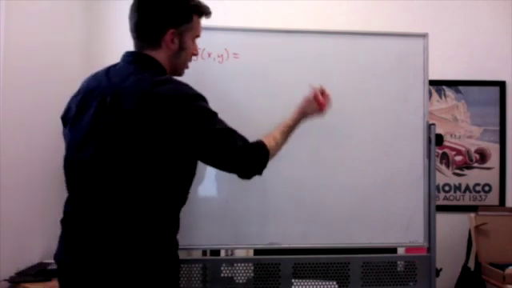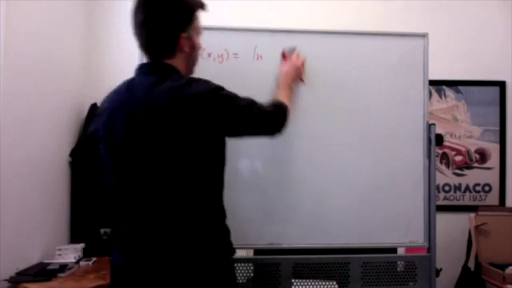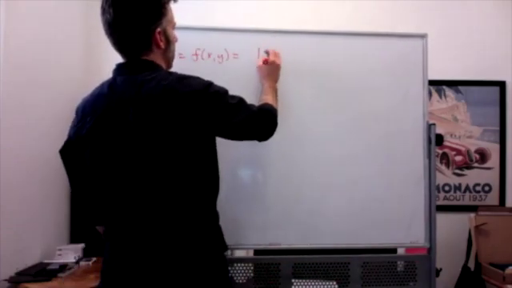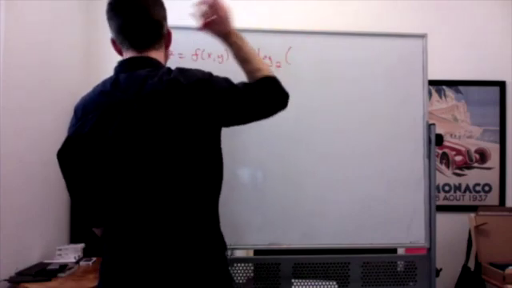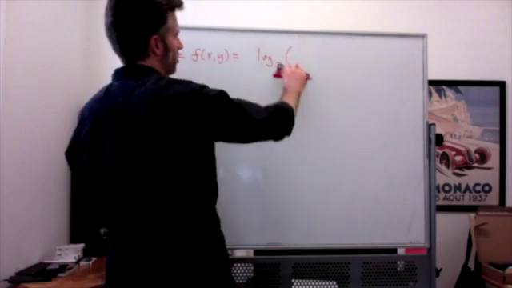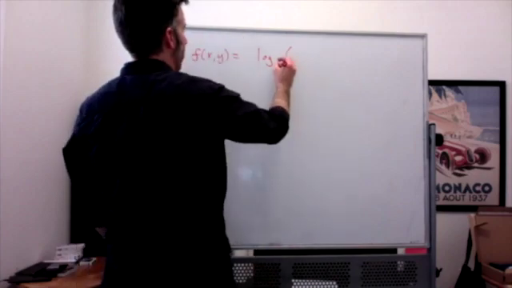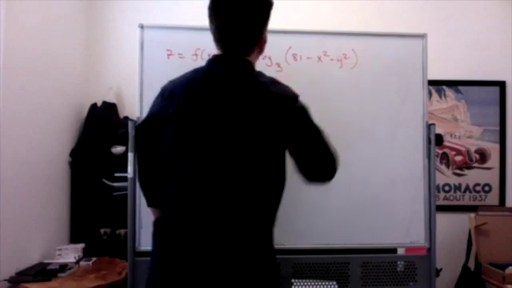It's equal to the natural log, so passe. Let's try log base 3 of 81 minus x squared minus y squared.